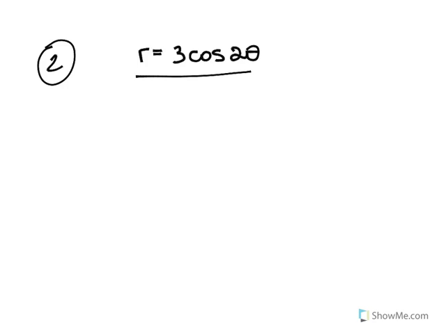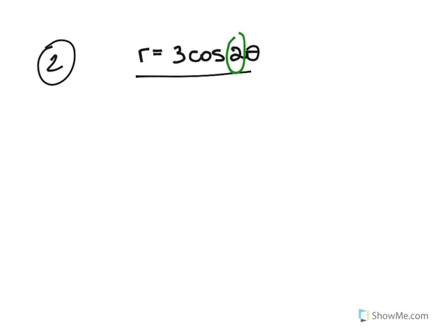Okay, so remember that chart, remember those rules. It doesn't say a plus or minus 3 cosine of 2 theta. It just says 3 cosine of 2 theta. So in that case, you focus on this coefficient. If we didn't have the 2 and it was just an invisible 1, 3 cosine of theta, then that would be a circle. But in our case, it's not a circle. We're going to have a rose with a certain number of petals. How do we know how many petals there are?